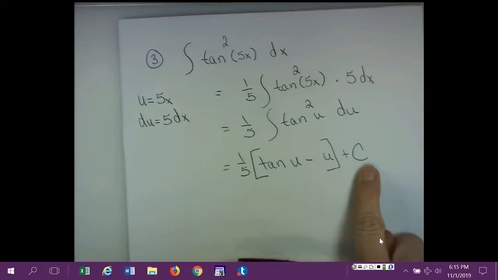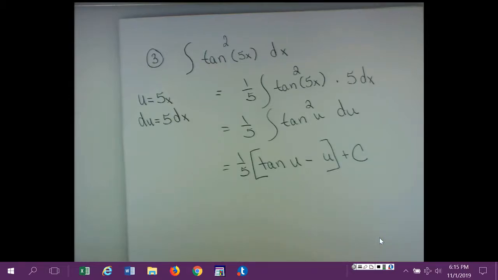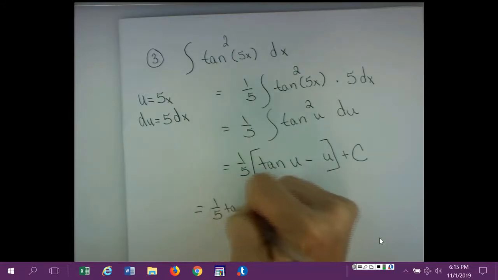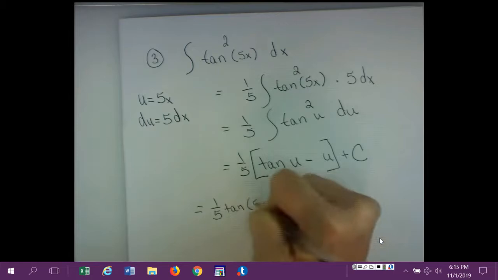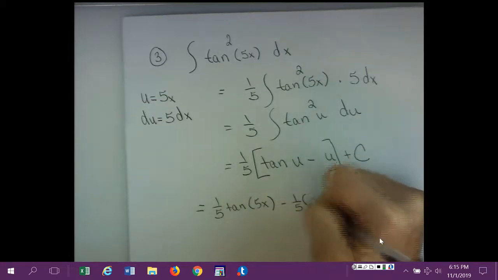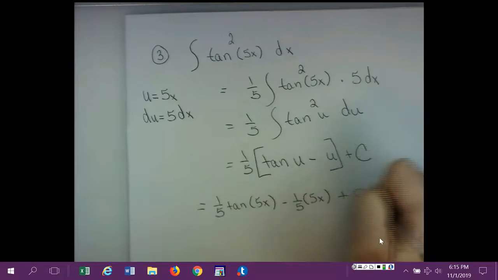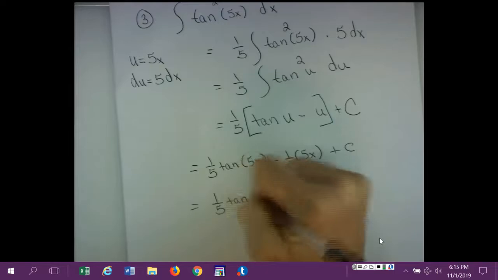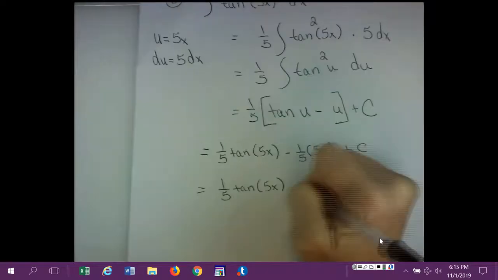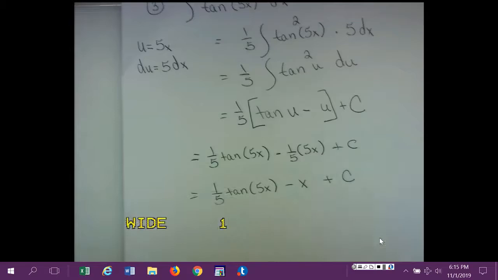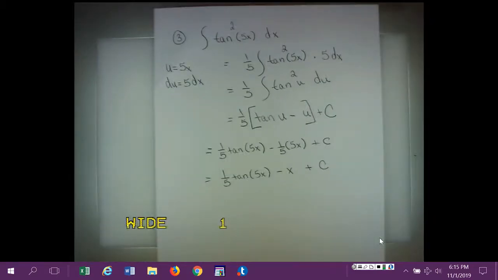I went ahead and said plus c outside of the brackets. And then your final answer would be 1/5 tangent of 5x minus 1/5 times 5x plus c. So this is 1/5 tangent of 5x minus x plus c for your final answer as an indefinite integral.